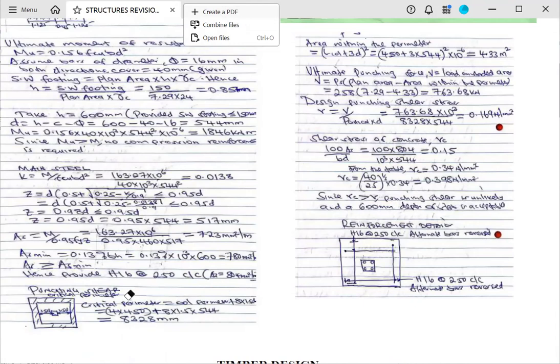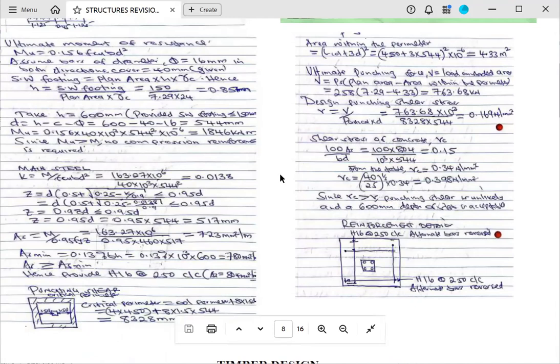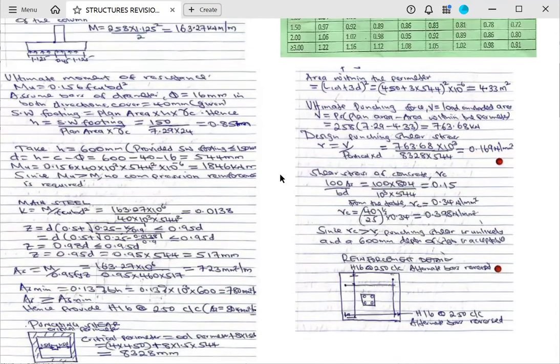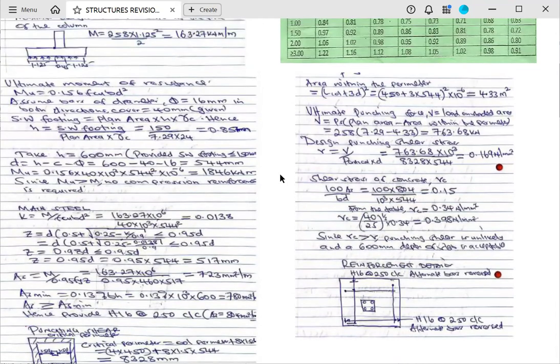We know that our column is a square and the perimeter of a square is 4L. That's why we have 4 times 450 plus 8, a constant, times 1.5, a constant, times our D, which is 544. It gives us 8328 millimeter.